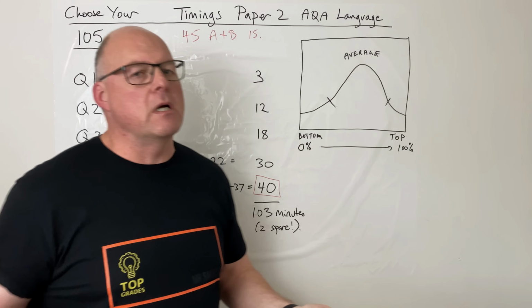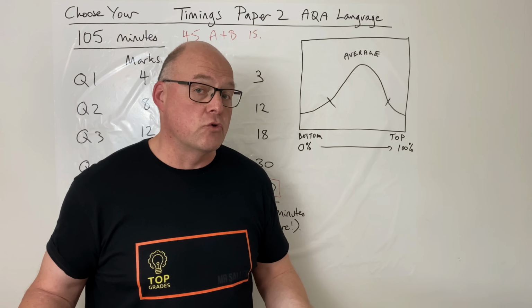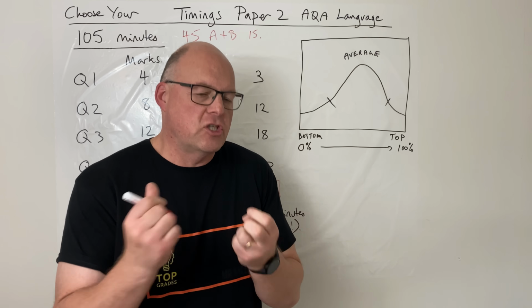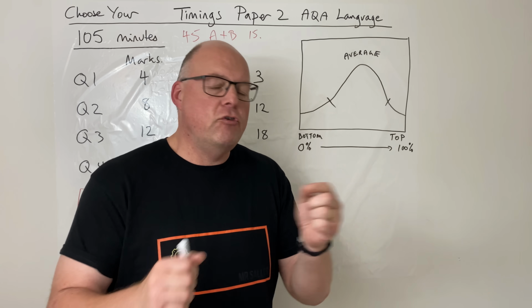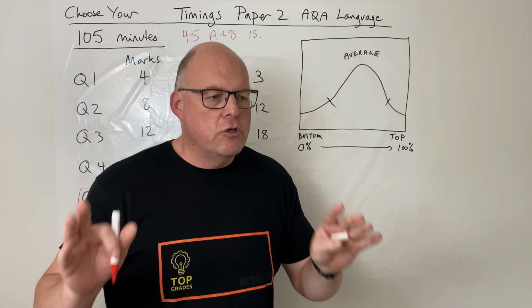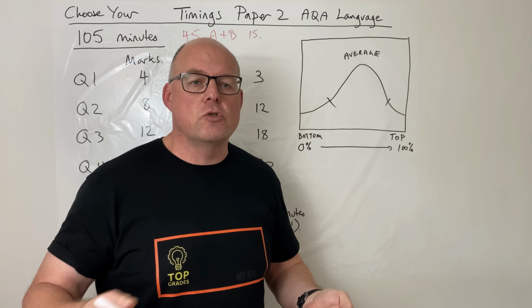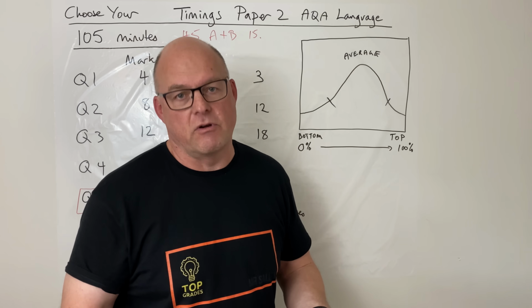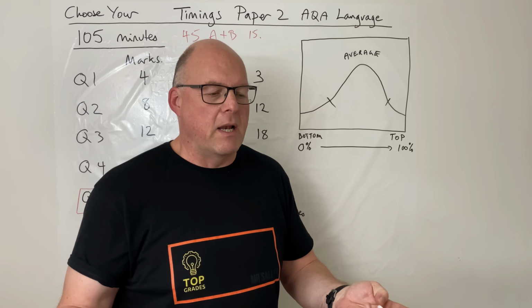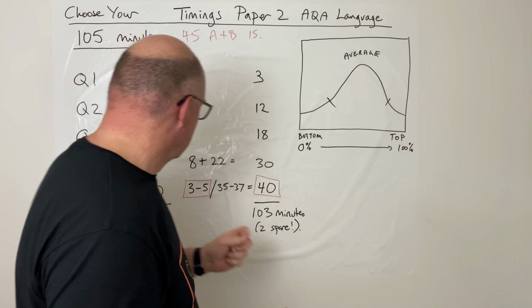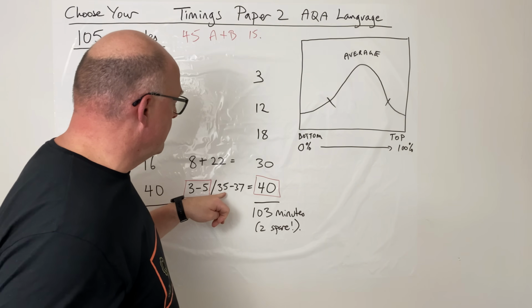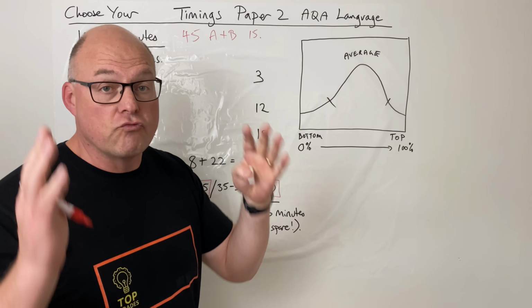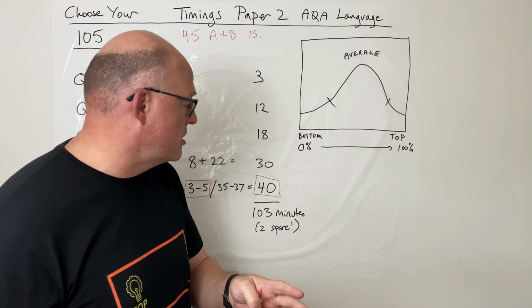The examiners don't mark your planning. It doesn't count towards your grade in any way. It's just there to give you ideas that are going to score highly. If you wrote no plan at all, you could still write a brilliant answer because one idea leads to another idea, leads to another idea. So you can write without planning, but I do recommend spending at least 3 minutes, but no more than 5. That leaves you between 35 minutes and 37 minutes to write your kick-ass answer.